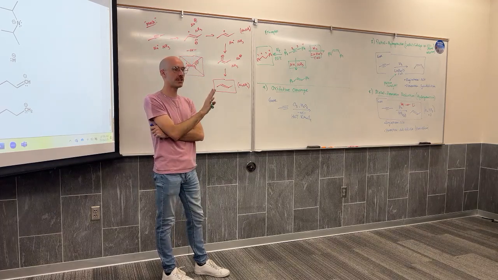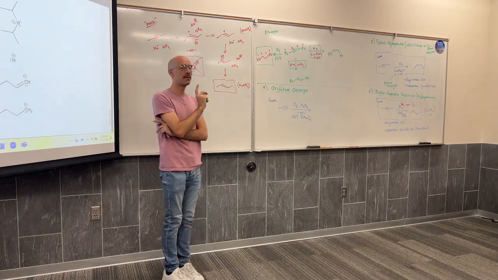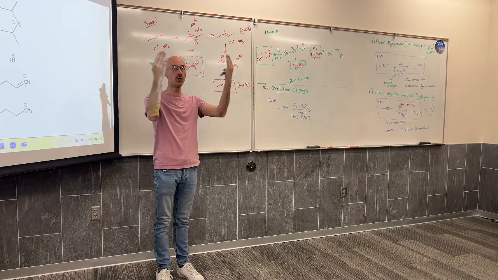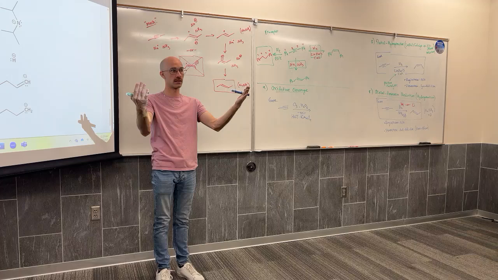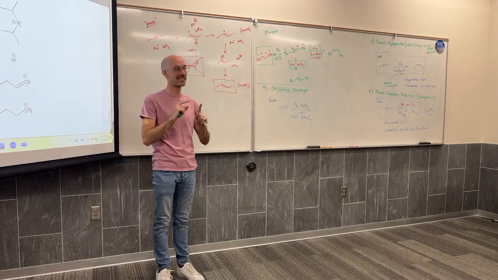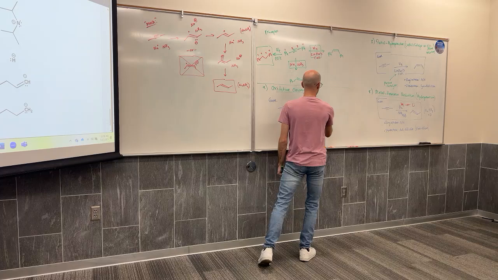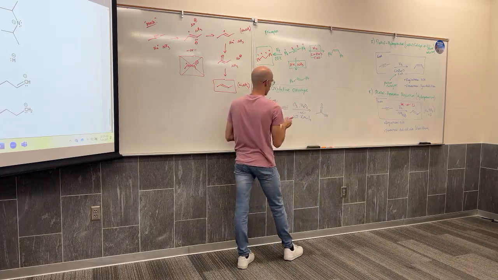I have intentionally given us a terminal alkyne because an internal alkyne is going to create two of the same functional groups, two carboxylic acids. But a terminal alkyne is a bit unique. One of them, the more substituted carbon, and let me map my carbons so you can see what I'm talking about.